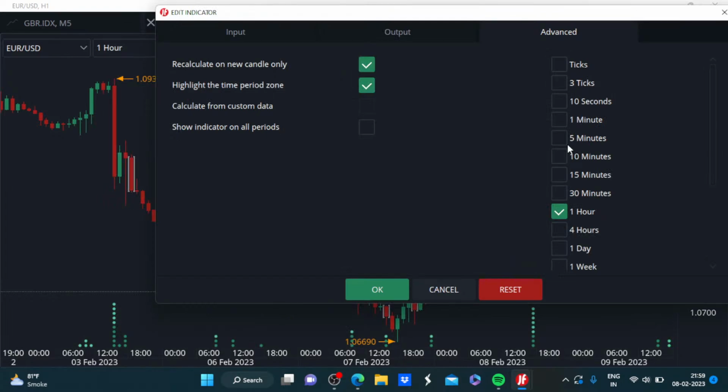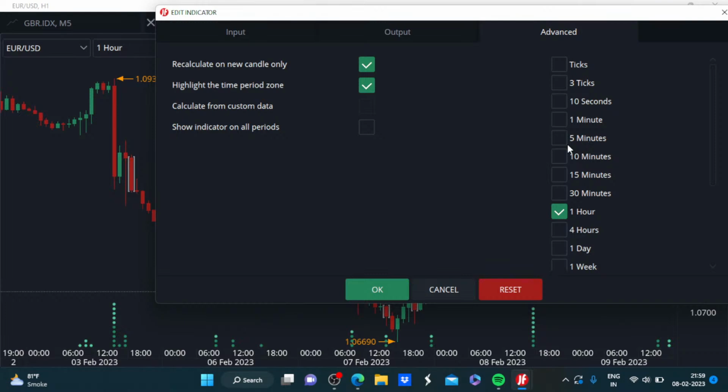In that case, it will be available whenever you change the chart or the candle period on the chart, or else you can specify on which particular candle period you want it, and only on those candle periods it will appear. Suppose you opt for 5 minutes and hourly, you will have it. So here it is appearing on the chart, but if I go for 10 minutes or any other candle period, it won't be there.